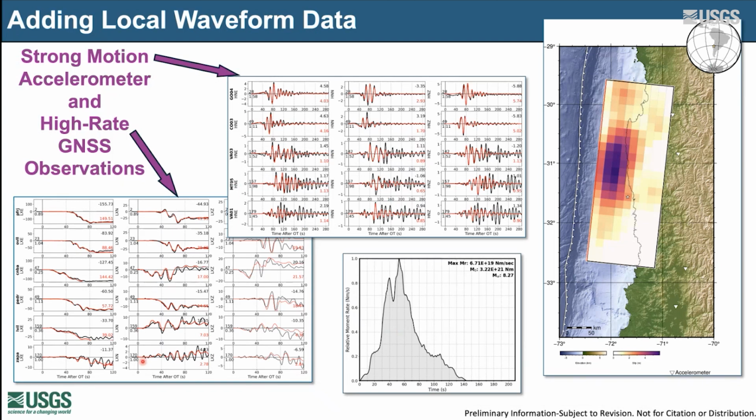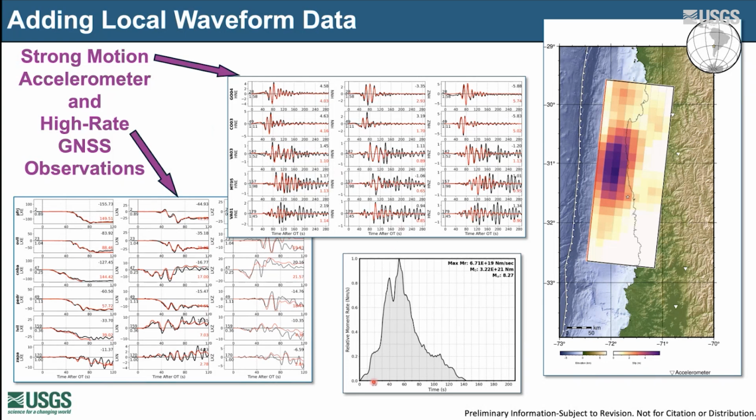So on the left side here, you'll see fits to the high rate GNSS and the accelerometer data up here. So in both of these figures, each row is a separate station, and the columns are the east, north, and up components, respectively.